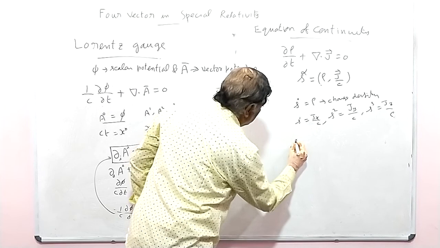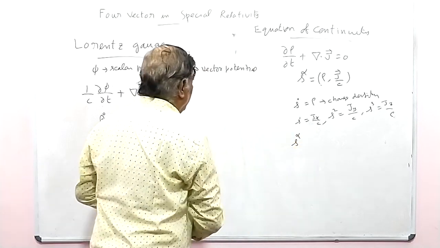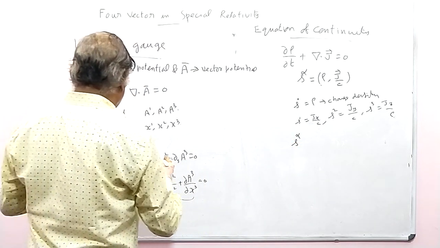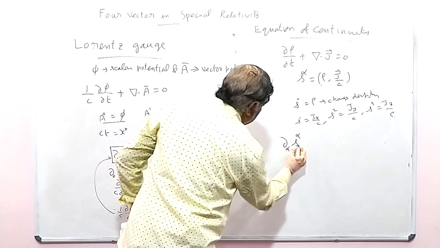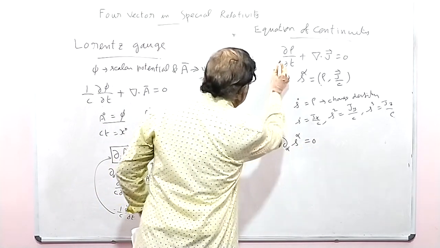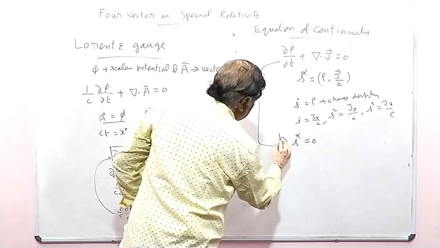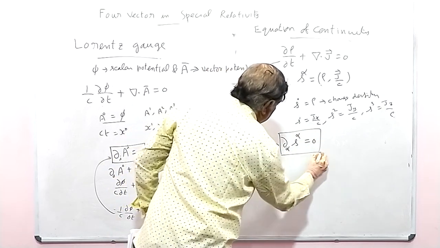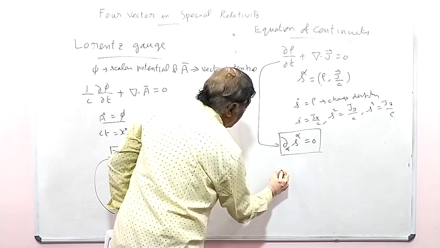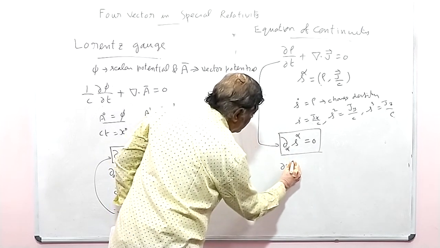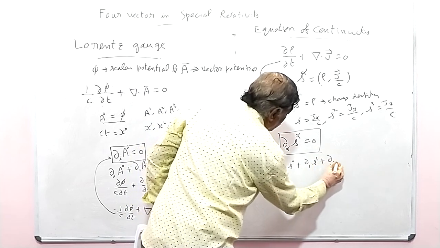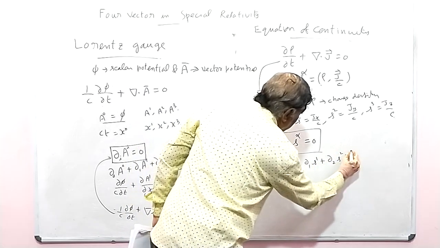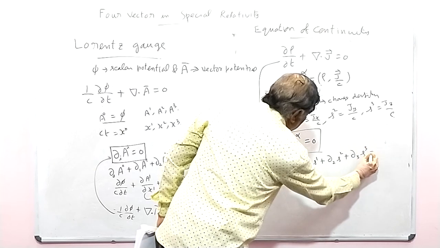If you write D alpha S alpha, this is equal to 0. So this equation becomes like this, because if you put alpha equal to 0, this is partial D0 S0 plus D1 S1 plus D2 S2 plus D3 S3 is equal to 0.